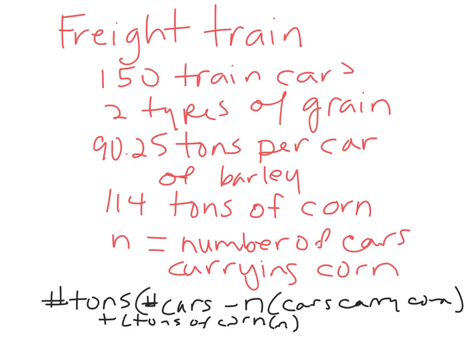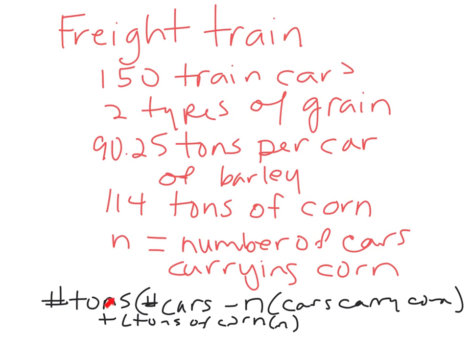Now, the first thing you need to do to solve this problem is identify the elements. We have 150 train cars. We have 2 types of grain. It gave us the numbers 90.25 tons per car of barley, or 114 tons of corn, and N equals the number of cars carrying corn.